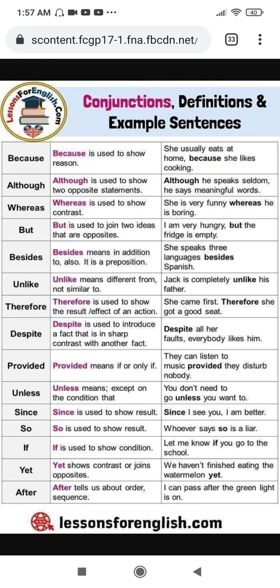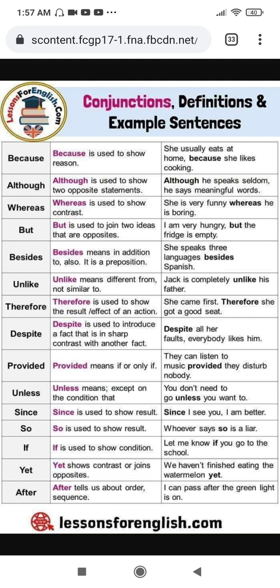So let's begin. The first one is because, a very common word, and you know its meaning. When we want to show a reason, we use the word because, and this is a widely used word. In the next column you also see examples of how because is used.